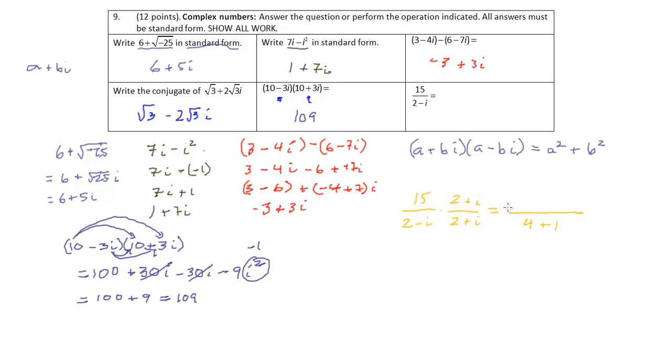That's going to be 5 when we finish off. The numerator is 2 times 15, or 30, plus 15 times i, or 15i. And all of that is over 5. So the answer is going to be 5 into 30, or 6, 5 into 15 is 3i. So this is 6 plus 3i.